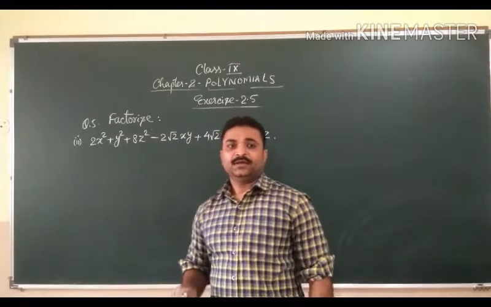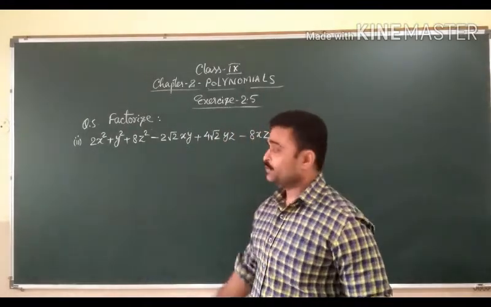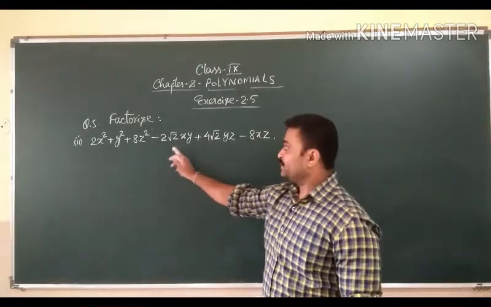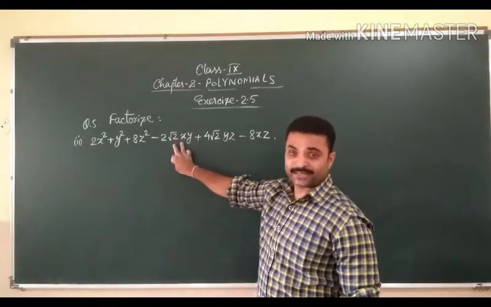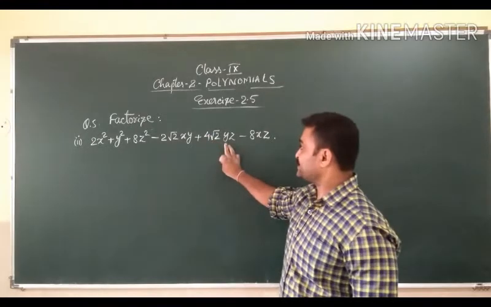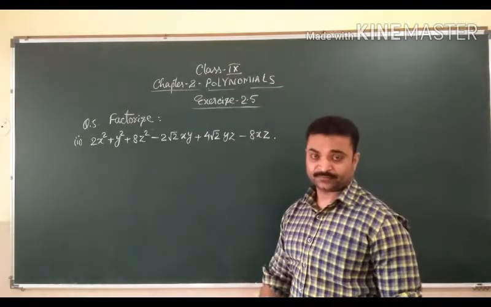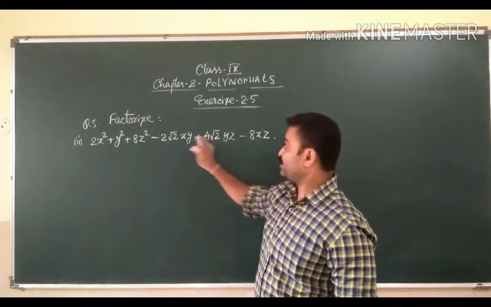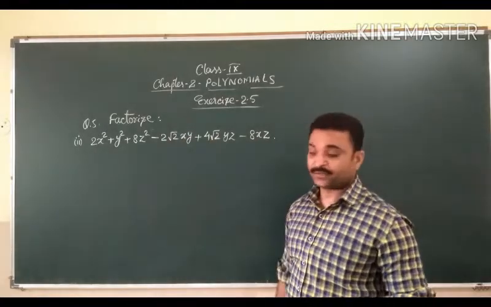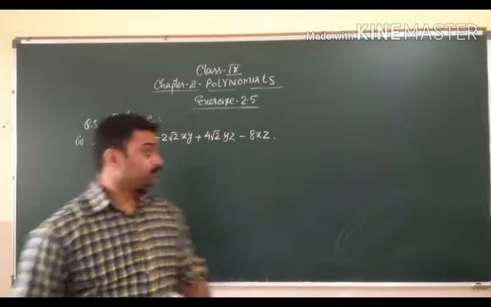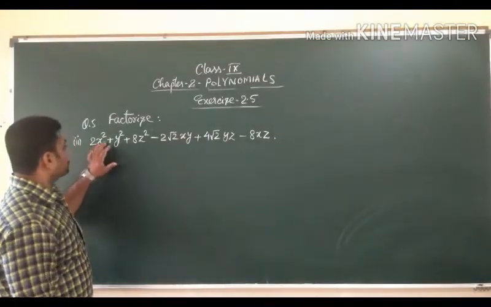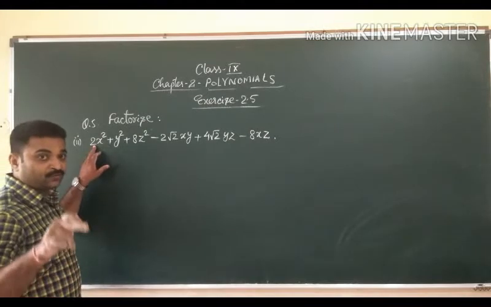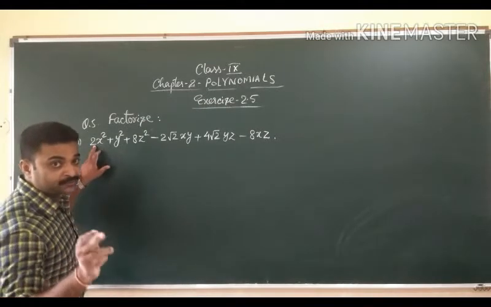Students, in the next question, we are given 2x square plus y square plus 8z square minus 2 root 2 xy plus 4 root 2 yz minus 8xz. So don't be afraid of how this root 2 and root 2 come. Okay, I am telling you. In 2x square, here 2 is the square of something, and what is that something?